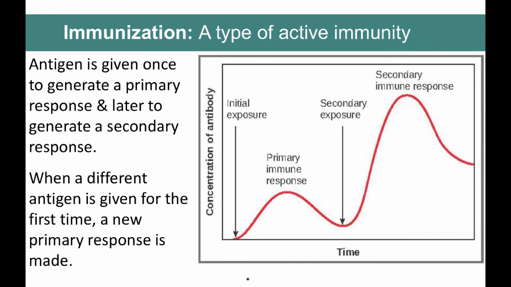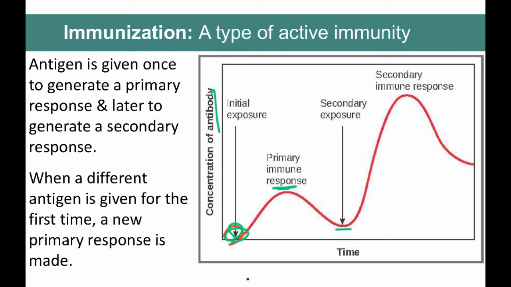This graphic is just showing the time course of antibody production. So with initial exposure, either to vaccine or to pathogen, the primary immune response is the adaptive immune system's initial response, and you can see secondary exposure. The primary immune response never goes away completely because you still have antibodies, because you've been exposed to it.